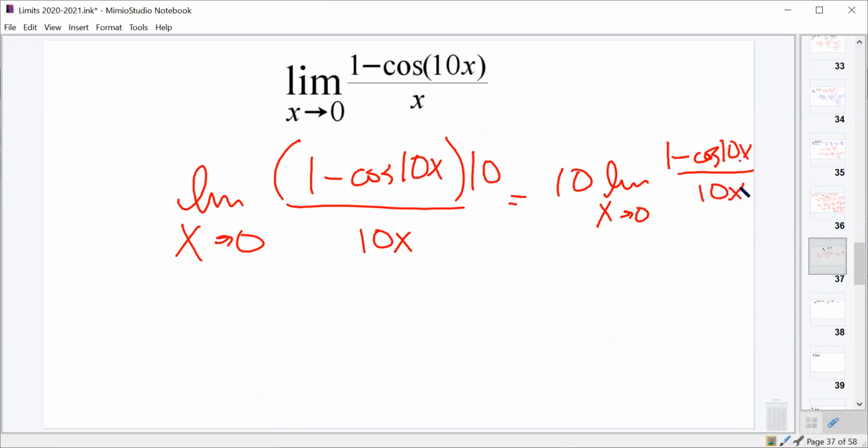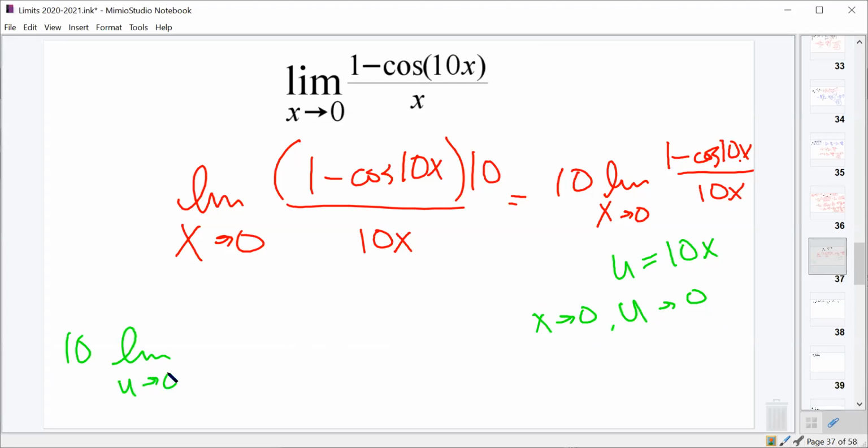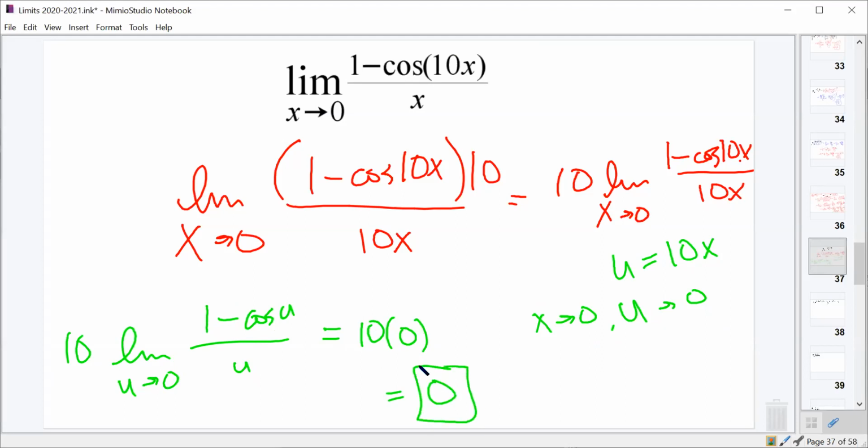And once again, using a simple substitution, I'm going to write it out this time: if we let u equal 10x, then u is approaching 0 as x approaches 0. And this limit would become 10 times the limit as u approaches 0 of 1 minus cosine u over u. 10 times 0 gives us 0.